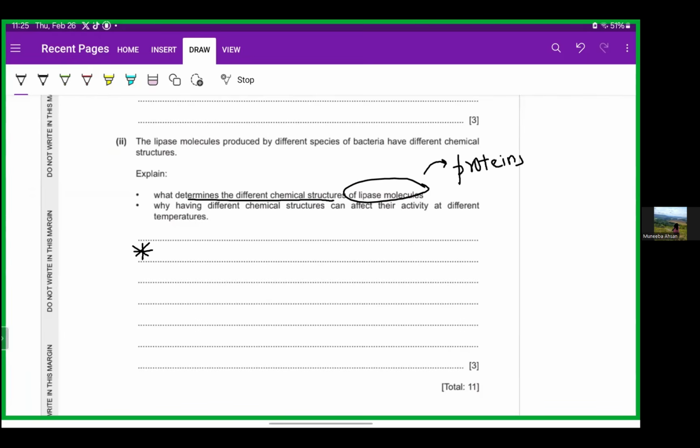So first of all, what we are going to write is that the lipases are the proteins coded by DNA, right?